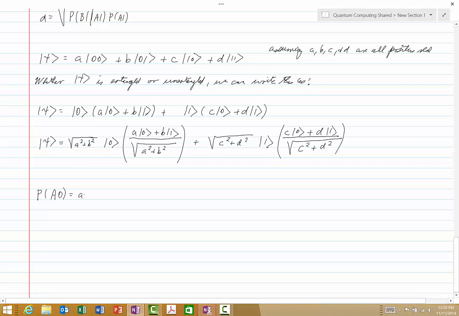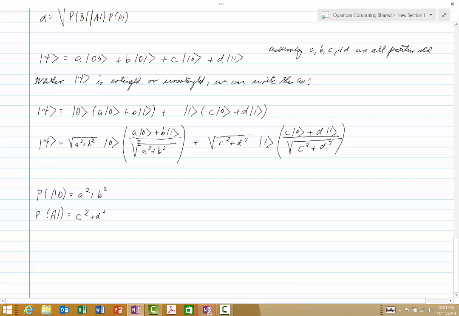So it's A squared plus B squared. The probability that Alice measures 1 is equal to this squared, which is C squared plus D squared.